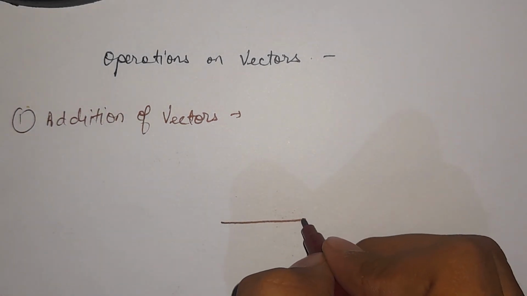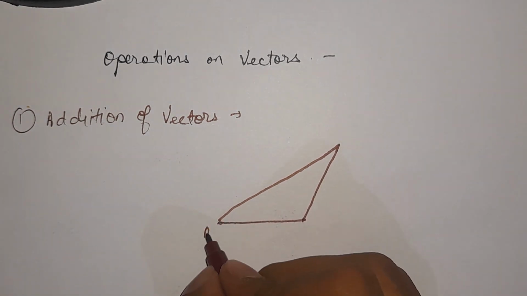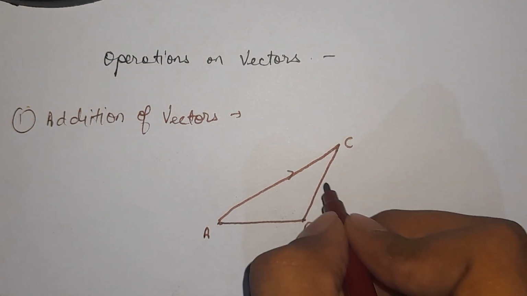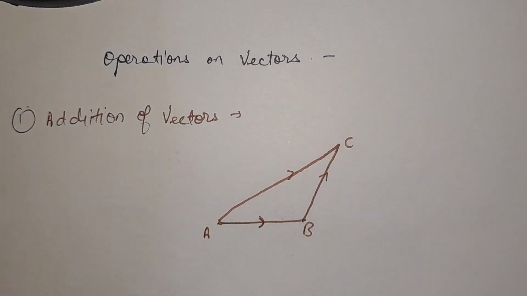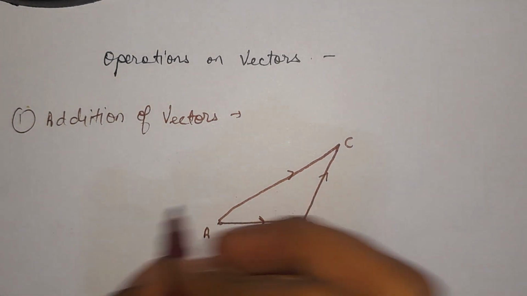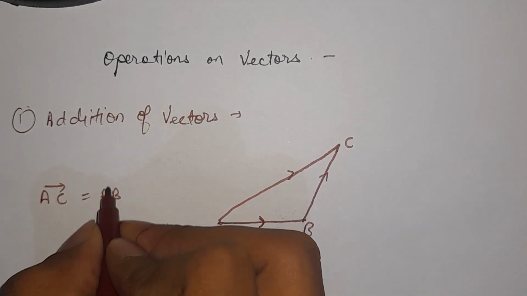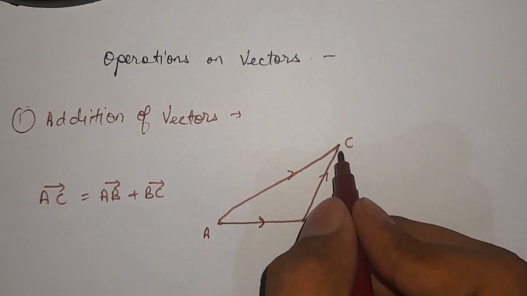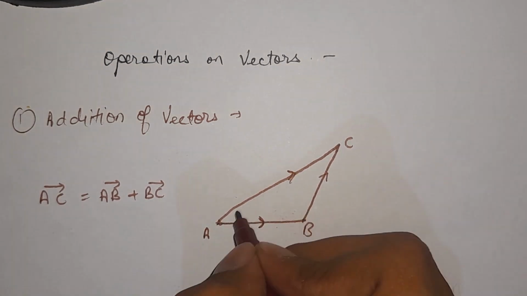Let's consider this as triangle ABC, where AB is a vector, BC is a vector, and AC is a vector. So I can write AC vector as AB vector plus BC vector. This is AB vector, this is BC vector, and the addition of both these vectors will give us AC vector.